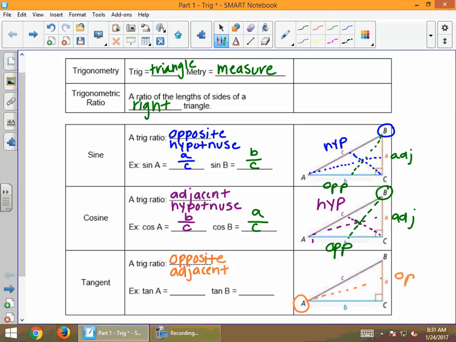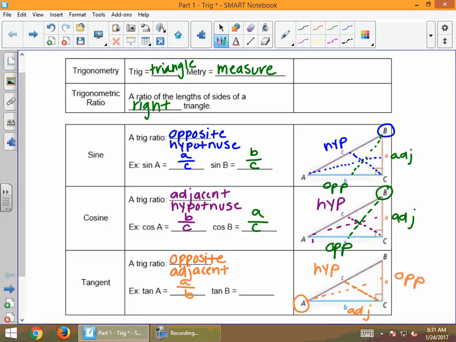That's our opposite. Go to your 90, go directly across. That's always your hypotenuse, and the side that is left over is always your adjacent. So when we set up that ratio, opposite, which we labeled as little a, over the adjacent, which we labeled as little b.